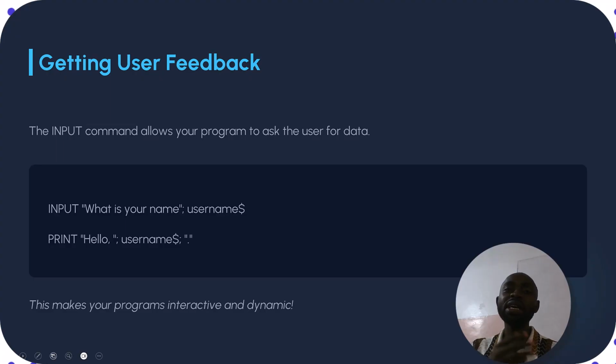The text inside the quotation marks is just a string, just text. But the word that comes next, the username, has the dollar sign we talked about. This makes it a variable, and the type of variable is a string variable because it has that symbol. We can print the name that you type, because it will be stored inside the variable.